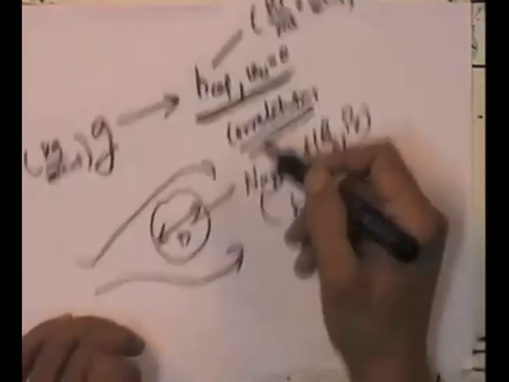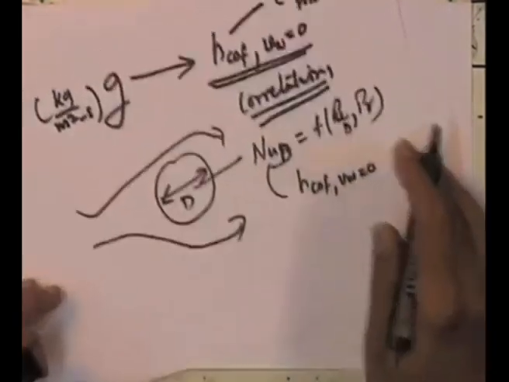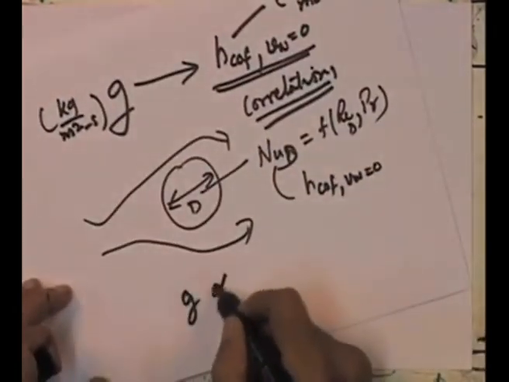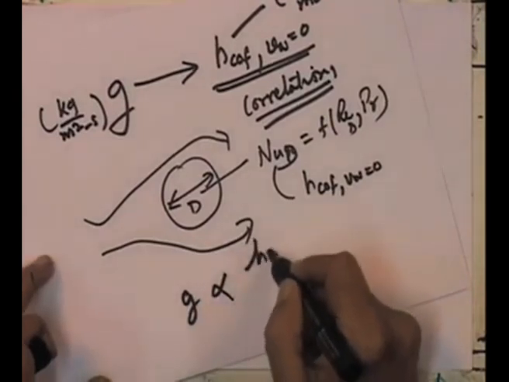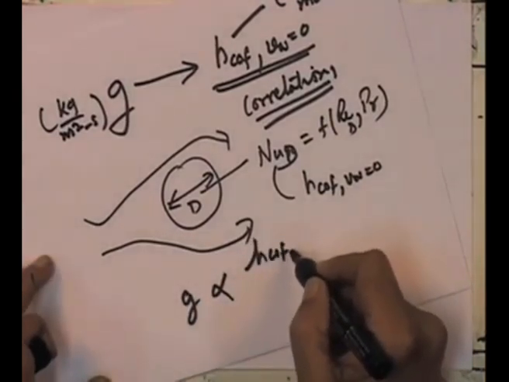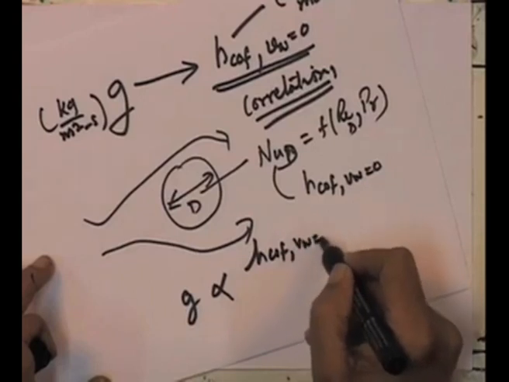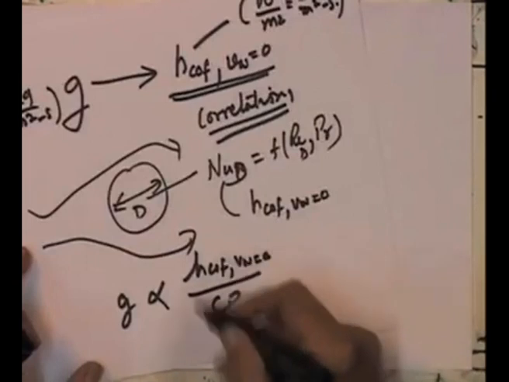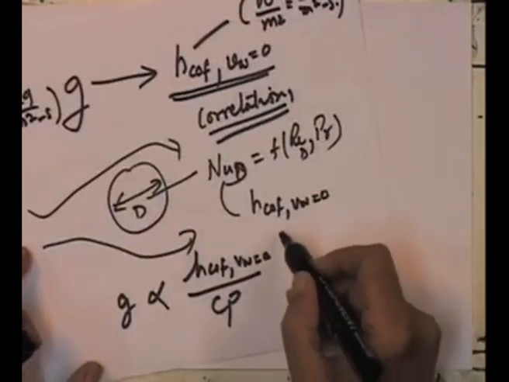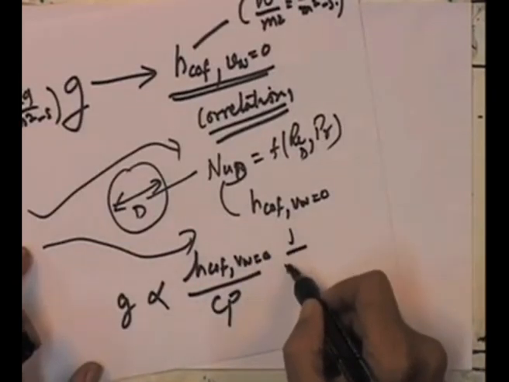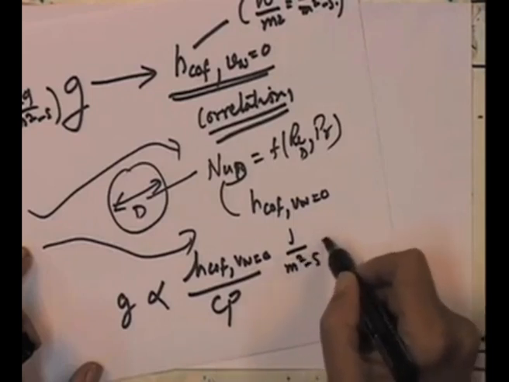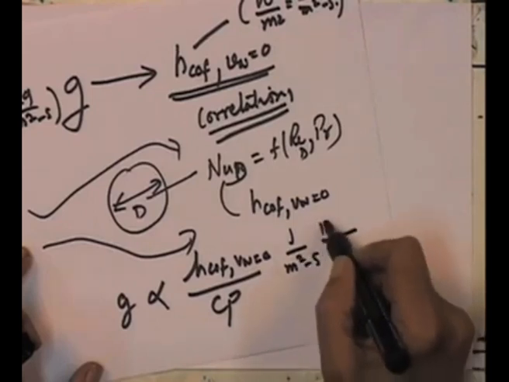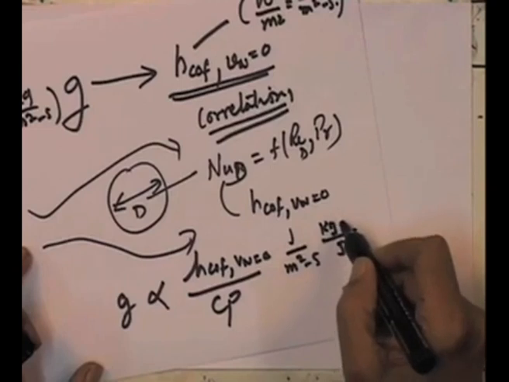So, obviously, we expect a relationship where G will be proportional to H coefficient at VW equal to 0 divided by specific heat. Now, this will have the same units because H coefficient is joules per meter square second per Kelvin and Cp is joules per kg per Kelvin.